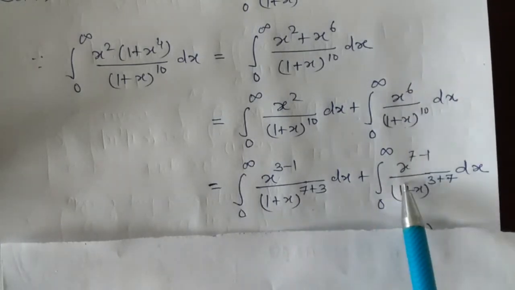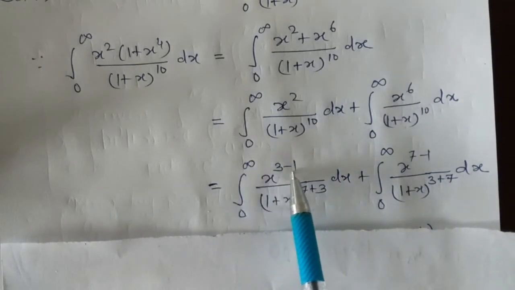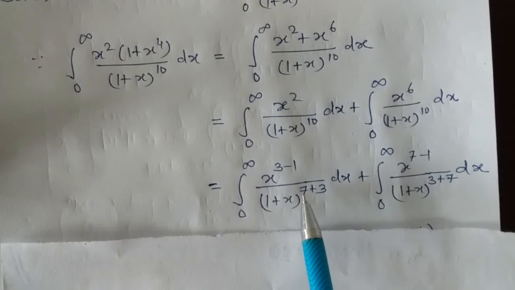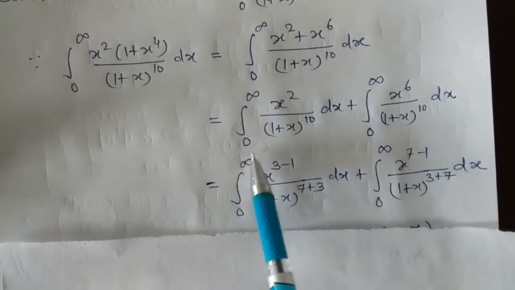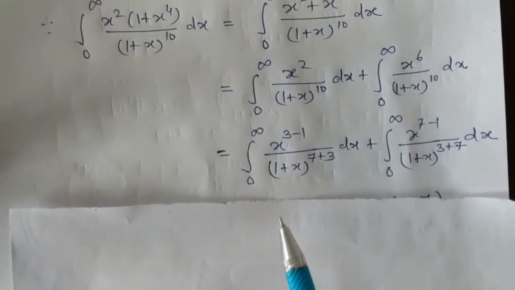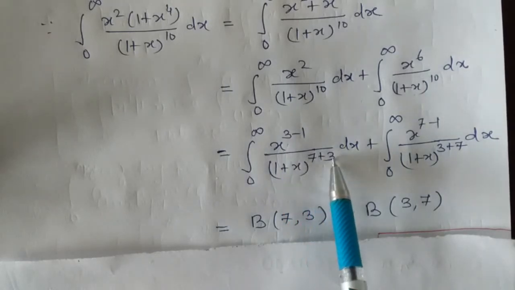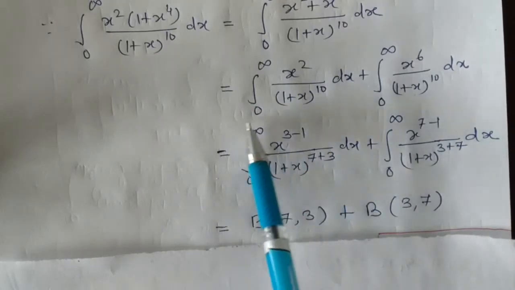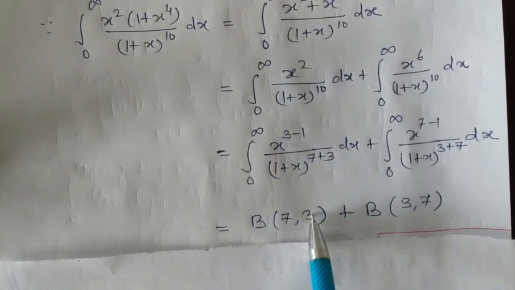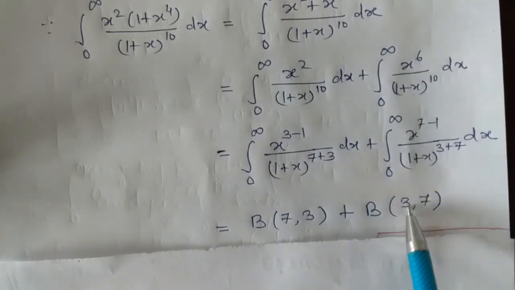Now these two integrals are of the form integral from 0 to infinity of x to the power n minus 1 upon (1 plus x) whole power m plus n. So the value of this integral is beta(m, n). Therefore, using the improper integral form, the value of the first integral is beta(7, 3) plus, for the second integral, beta(3, 7).